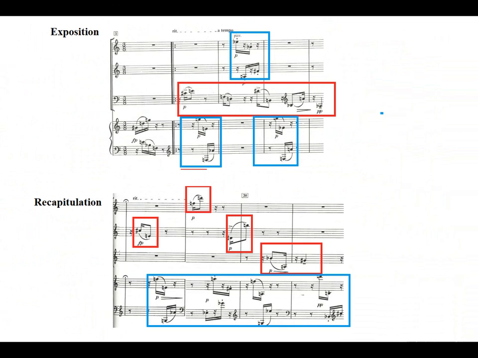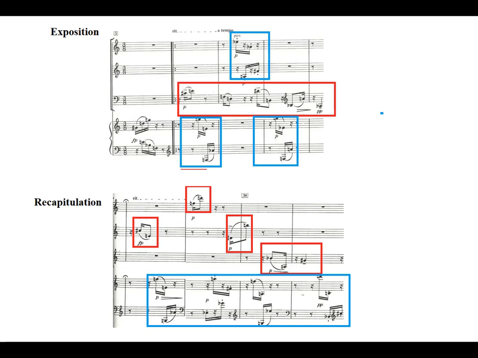There's an interesting contrast between the same material as it is presented in the recapitulation. I've shown the melody in each case in red here and the accompaniment in blue. The melody is a single line, whereas the accompaniment is a mirror canon in both cases.